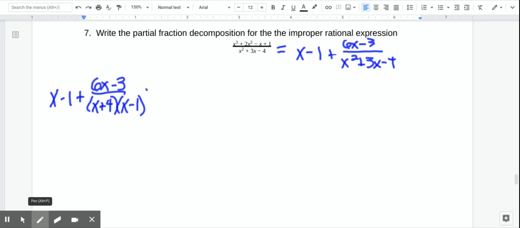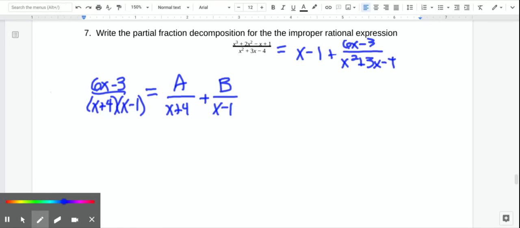Okay, and we want to break that apart. Now, at this point, I'm just going to ignore this x minus 1 thing. We'll come back to it. We want to split this into x plus 4, x minus 1. Those are both linear terms, so we just need an A and a B. And that's the problem we want to work with there.